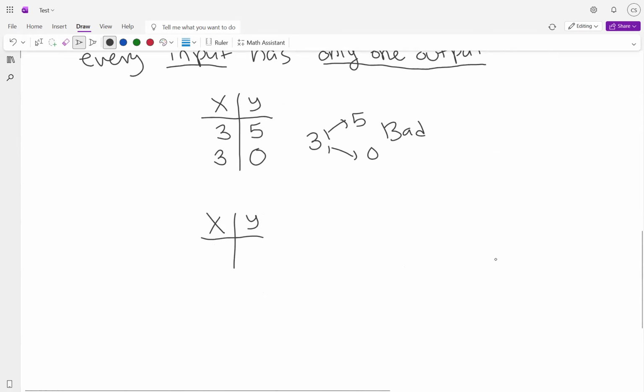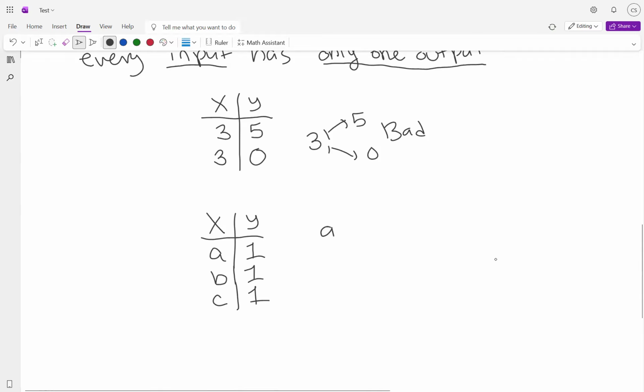But if instead we had something like this, maybe I have an input of, I'm going to use letters because it can be anything, A, and I'm going to send A to the number 1. And then I'm going to send B to the number 1. And then I'll send C to the number 1. So just because a bunch of things are hitting the same output, that's fine.